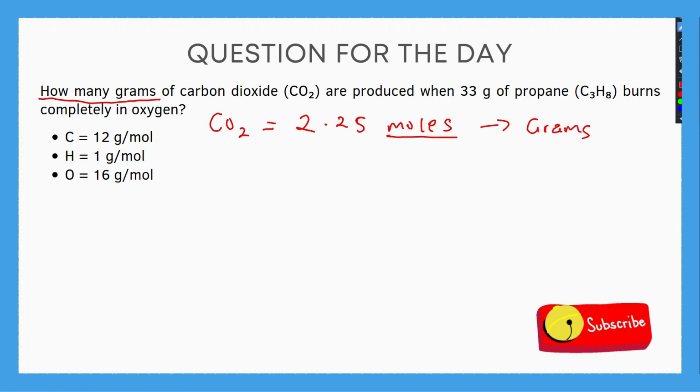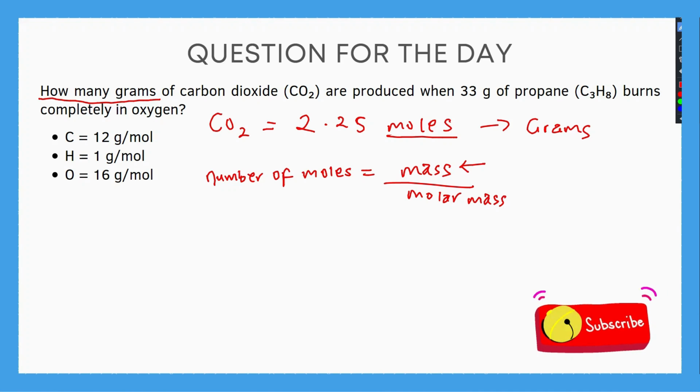As simple as that. So how do we convert from moles to grams? The formula that we used earlier says number of moles is equal to the mass divided by the molar mass. So in this case we are looking for the mass. If we make the mass the subject of the formula, this is over 1. We'll cross multiply.